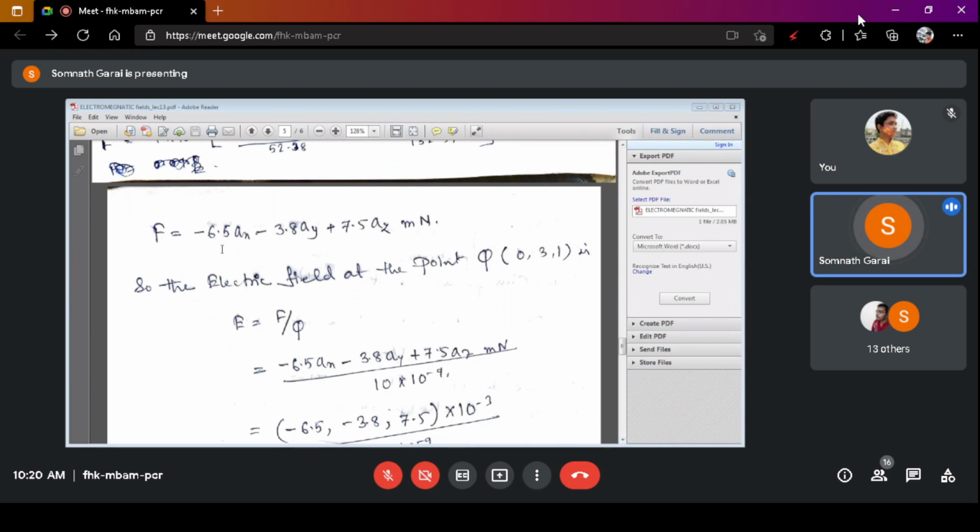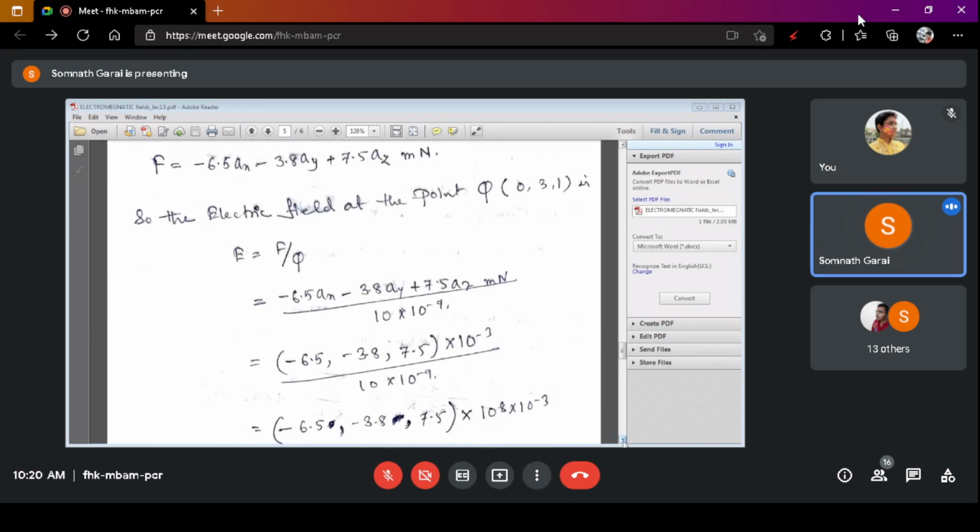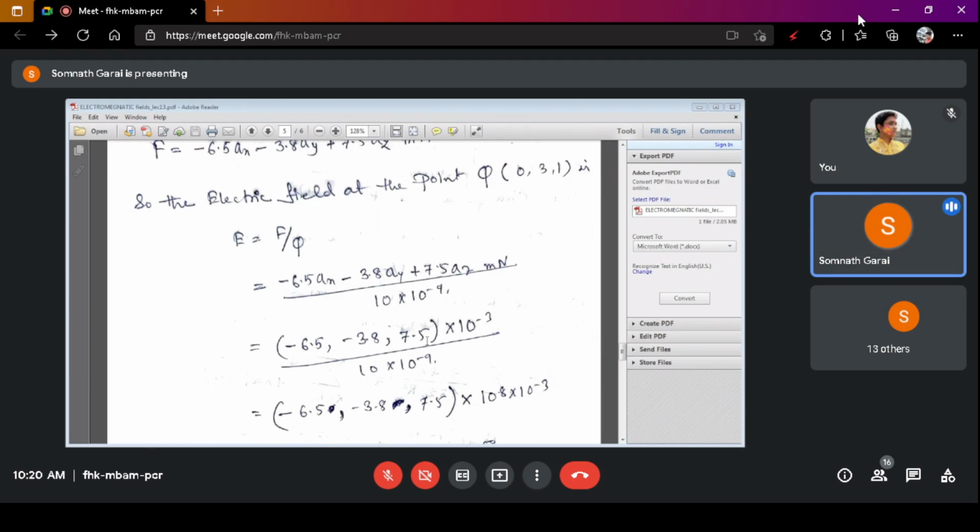We have already calculated the force, that is 6.5 ax plus 3.8 ay plus 7.5 az millinewton, divided by our reference value of Q, that is 10 nanocoulomb, so 10 into 10 to the power minus 9, right?